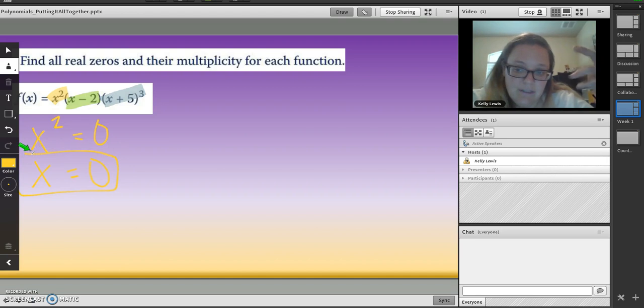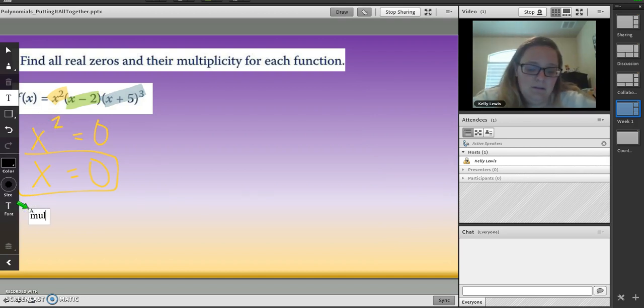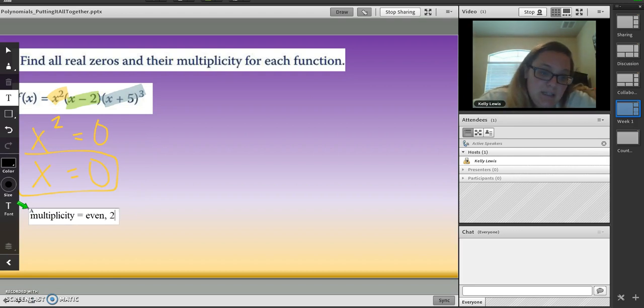When you take the square root of 0, you just get 0. Okay, and the multiplicity is even. It's the number 2 because that degree is 2. And so at 0, because we got 0 right there, it will touch and turn around.